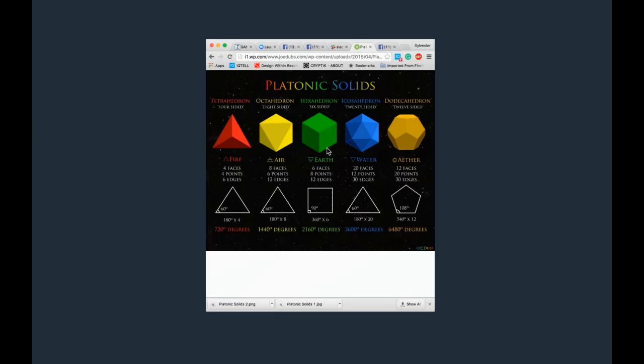So you were mentioning water is normally the icosahedron? Yes, right, this is the representation of water in Platonic solids. And in our body, it becomes the dodecahedron.